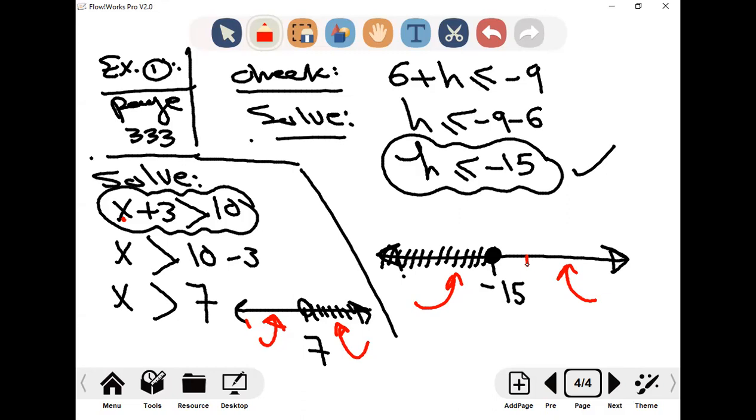Yes, right? Now put negative 15. Is it a solution? Yes, because it has a closed circle, right? 6 minus 15 is negative 9. Is negative 9 less than or equal to negative 9? Yes, equal. You understand that?